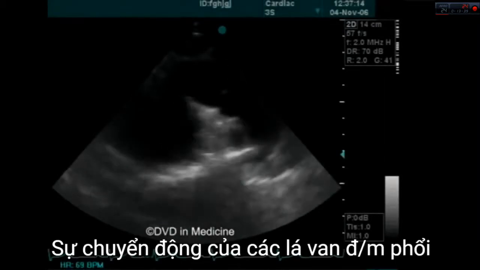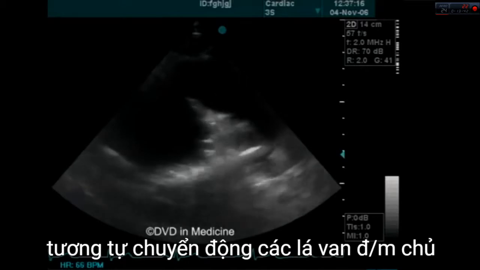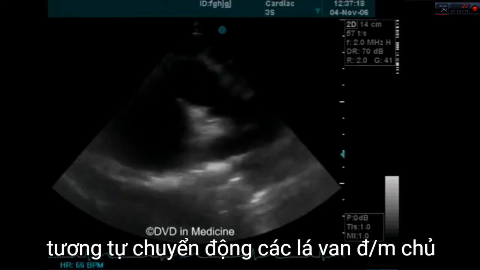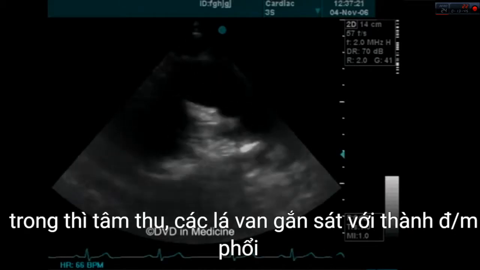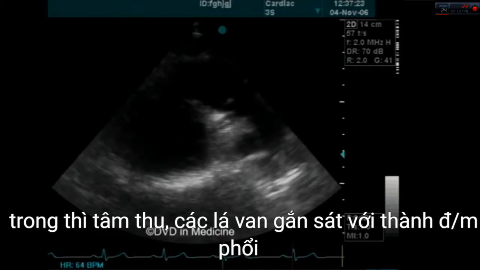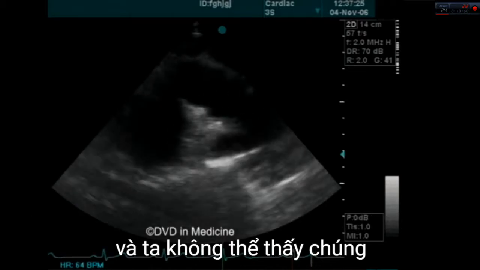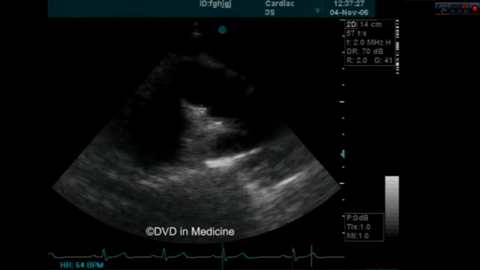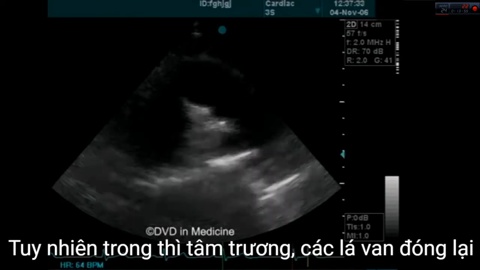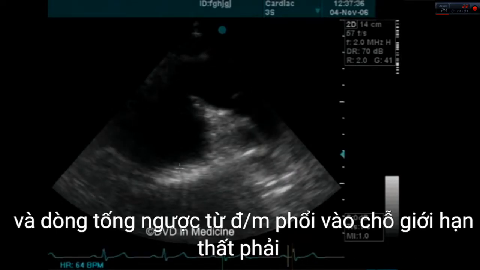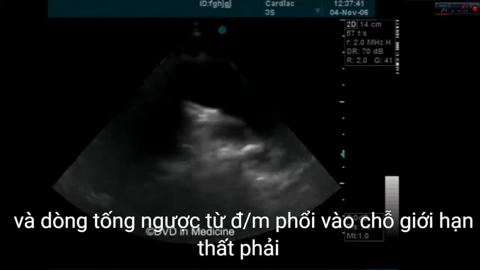The motion of the pulmonary valve leaflets is similar to the motion of the aortic valve leaflets. During systole, the leaflets get in close contact with the pulmonary artery walls and one cannot see them. However, during diastole, the leaflets close and the backward blood flow from the pulmonary artery into the right ventricle terminates.